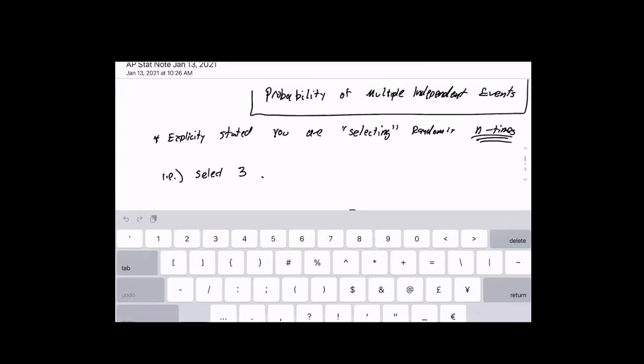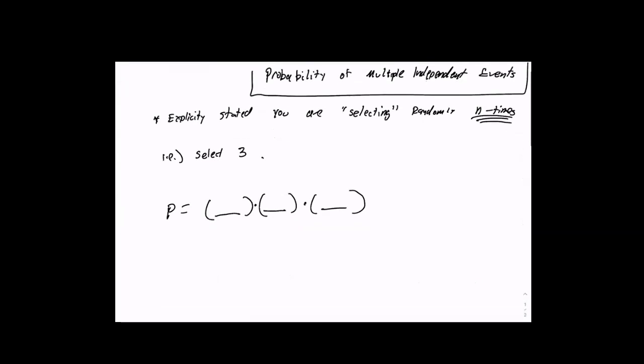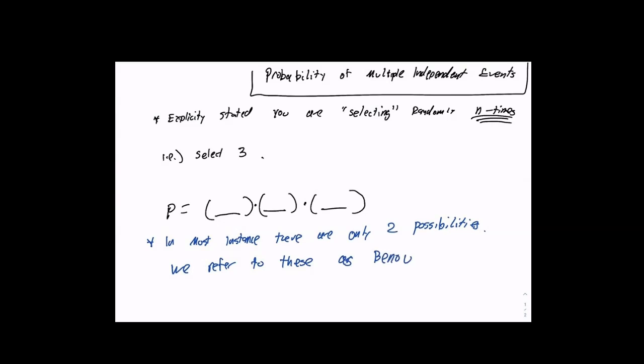Now, in most instances, there are only 2 possibilities. We refer to these as Bernoulli trials.